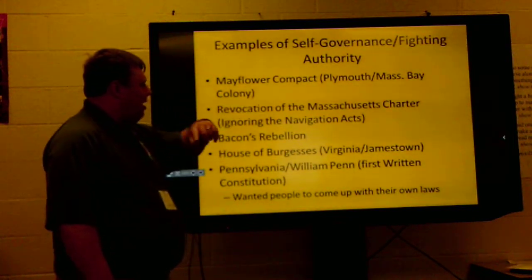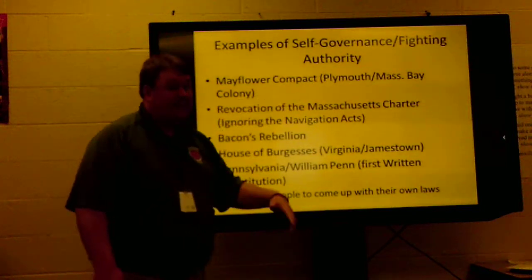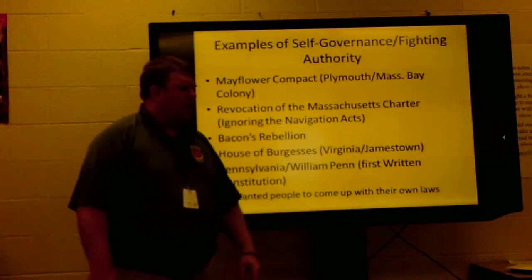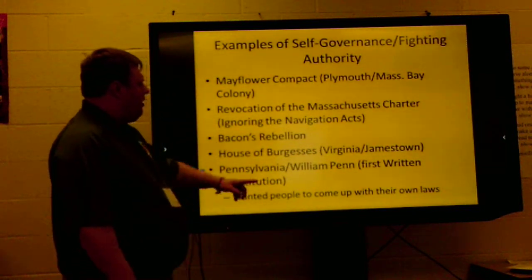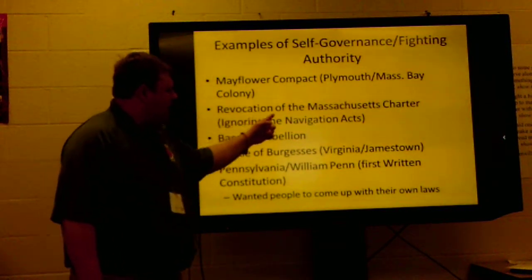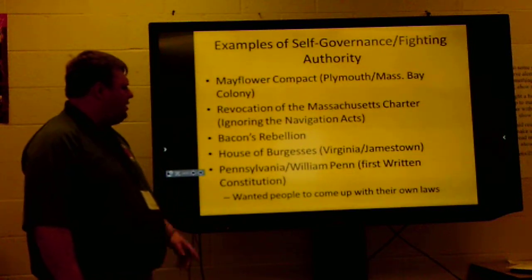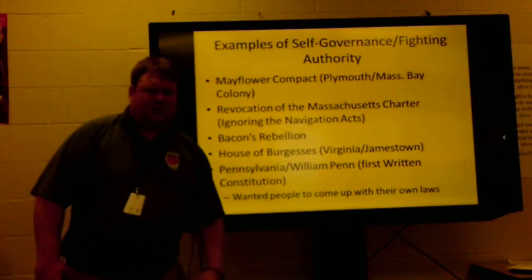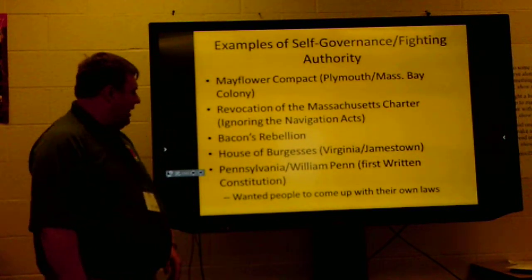The Mayflower Compact, the first basic real constitution, set of laws in America in Plymouth. The way the Massachusetts Charter was revoked because the people in Massachusetts were ignoring the Navigation Acts.